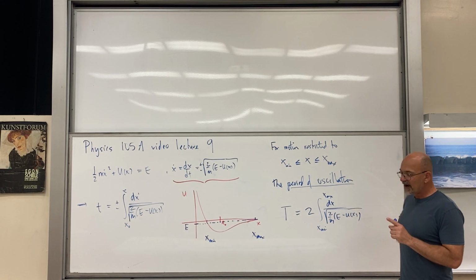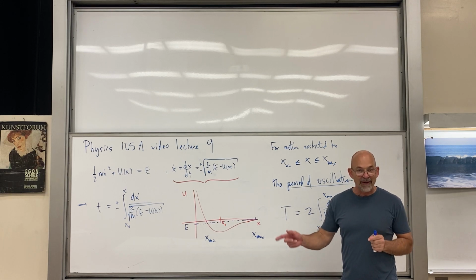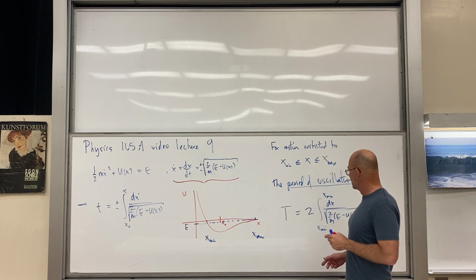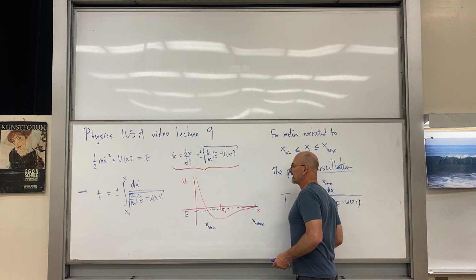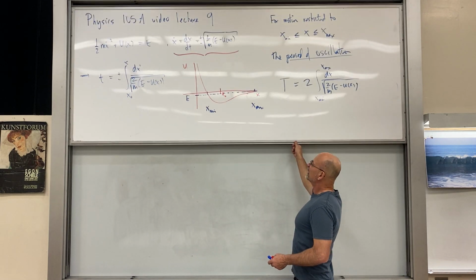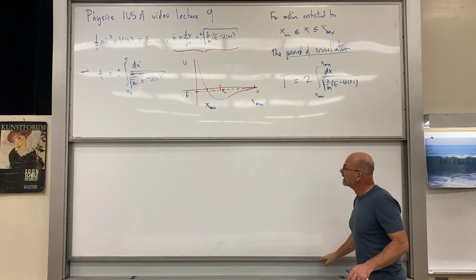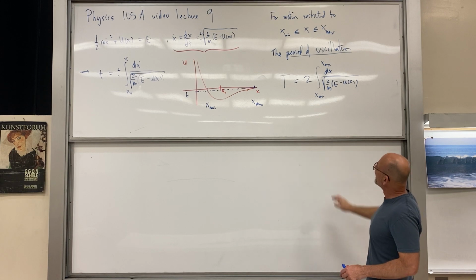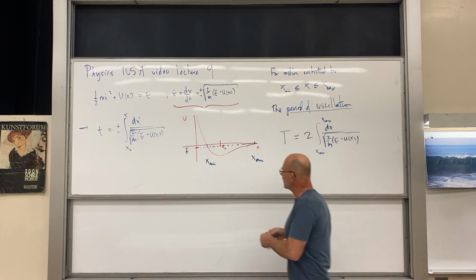And what we're going to do now is talk about that general x to the nth power potential and apply all of this. That's what we were getting to last time. This just fills in a little bit more material. And in fact, we can add a note right here.